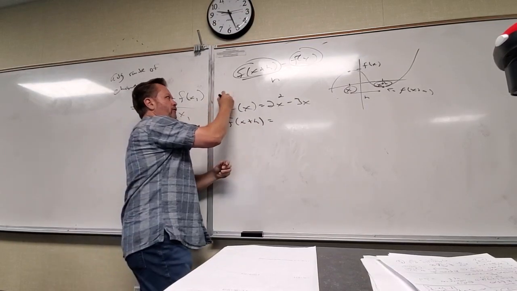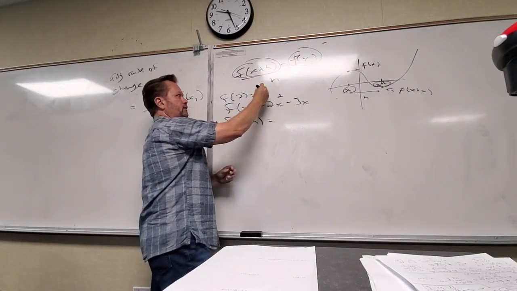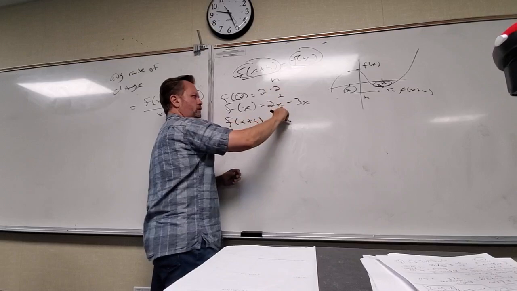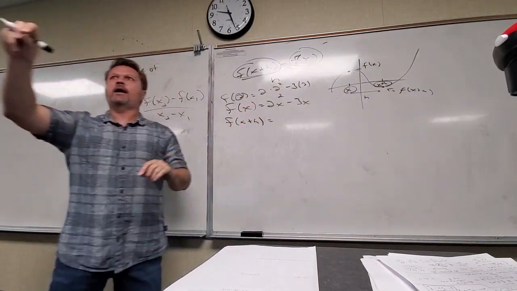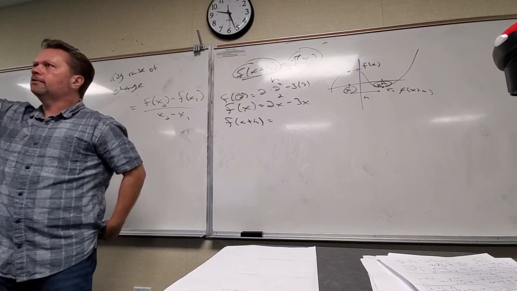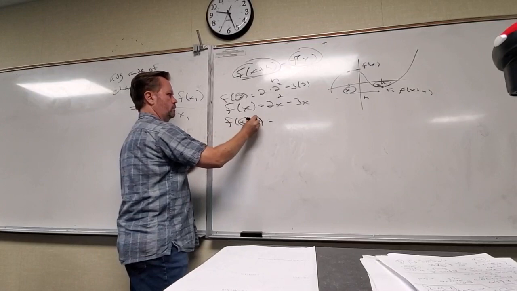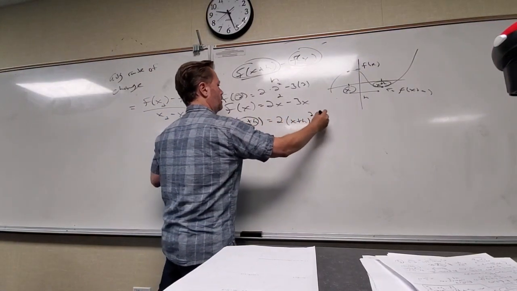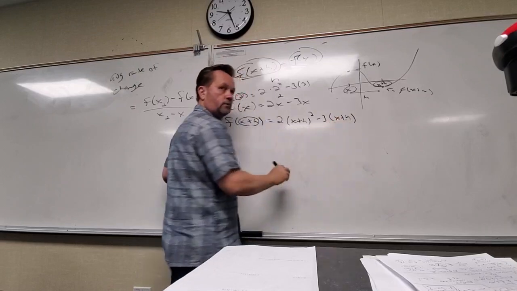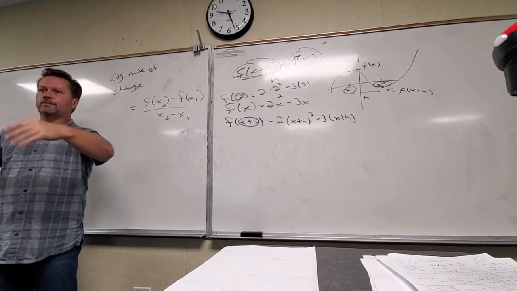What's f of 2? How would you figure out what f of 2 is? You plugged it in. Plug it in for x, yes? Whatever is here goes in for x, correct? And this is that thing I keep saying about math not caring about what's in the problem. The process doesn't care. It's the same process. So the x plus h is plugged in for the x so that you can actually solve it. That is f of x plus h.